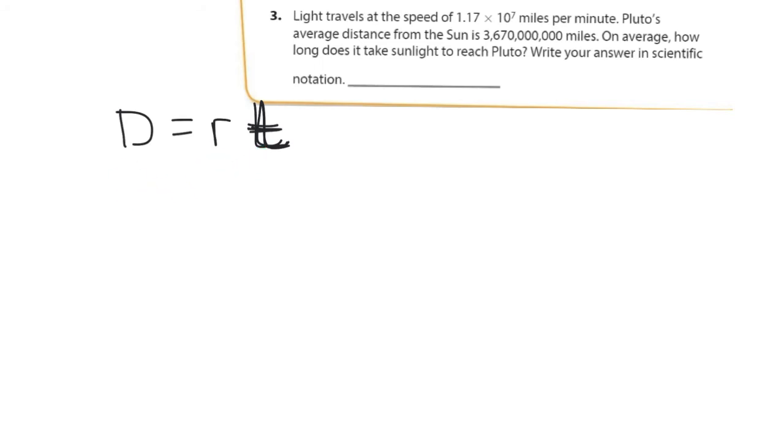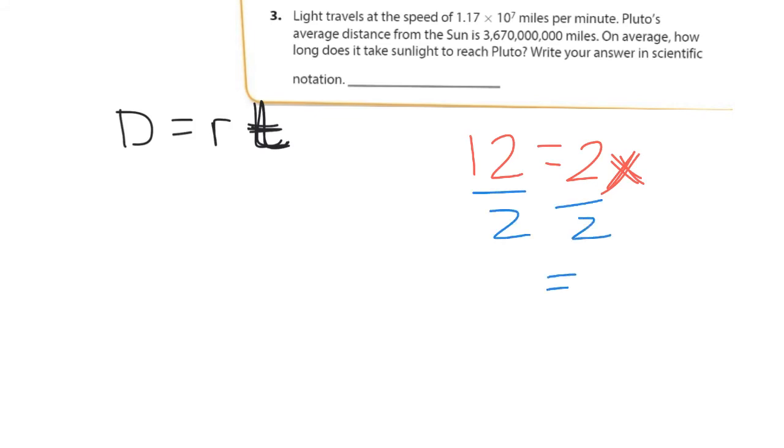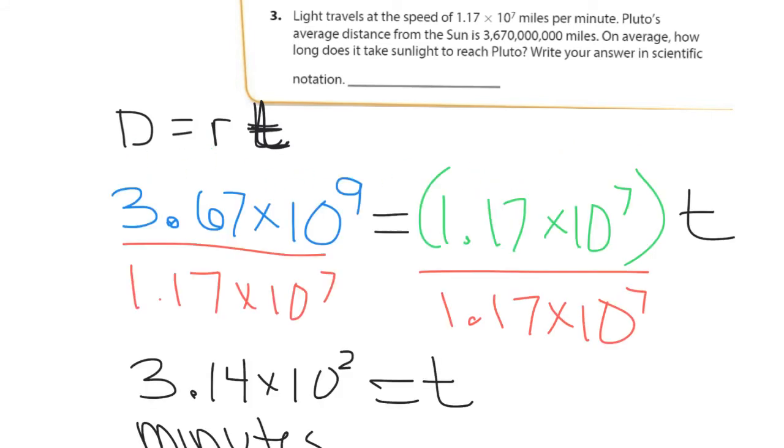Again, you solved these problems last year. They might have looked something like this. 12 equals 2x. You're trying to solve for x. So then you would divide both sides by 2, and you get x equals 6. That's the same idea here. You'll be putting some numbers in for D, for R. You'll divide both sides by R, and then solve it. Alrighty, so here's my distance equals my rate times my time.